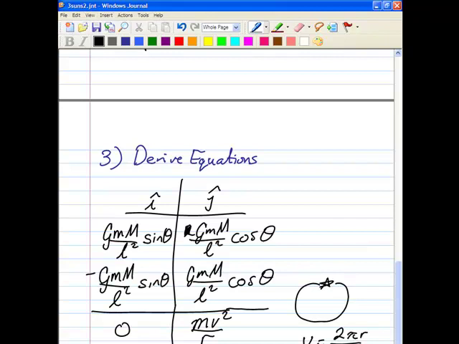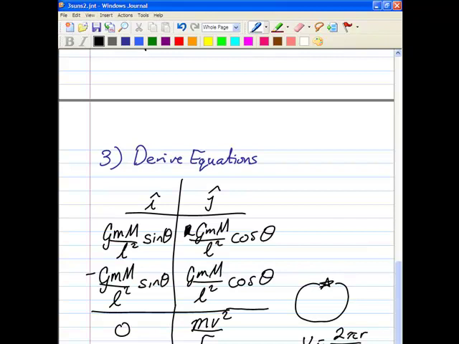Solving for period, we're therefore going to get that the period squared is going to equal 4 pi squared. That r is going to turn into an L over 2 cosine theta, and that L squared is going to pop up here to make that an L cubed. And on the bottom, we're going to end up with a 2Gm with another cosine theta.